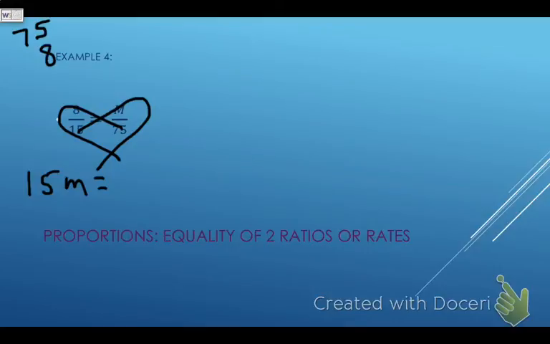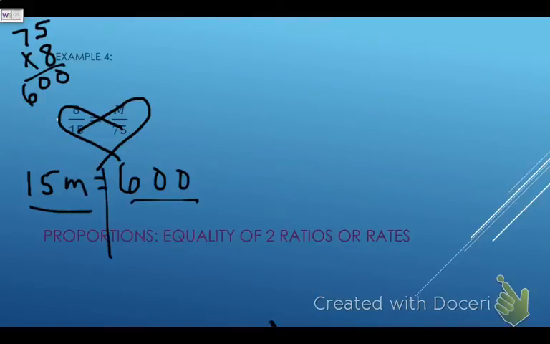75 times 8 is 600. Sorry. Come on. Where you at? There you go, 600. Okay, so remember, to undo this, we're going to do the inverse. So we're going to divide both sides by 15. All right.